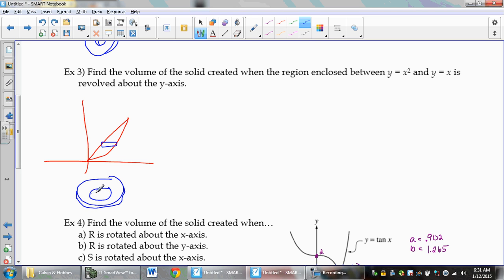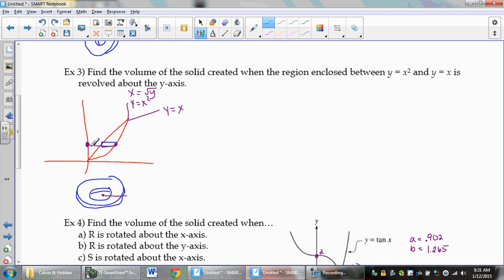My discs with a hole look a little bit like that. And my outer radius goes from the y-axis to the curve furthest away. So that curve is y equals x squared, but since I'm spinning around the y-axis, it needs to be x equals the square root of y.